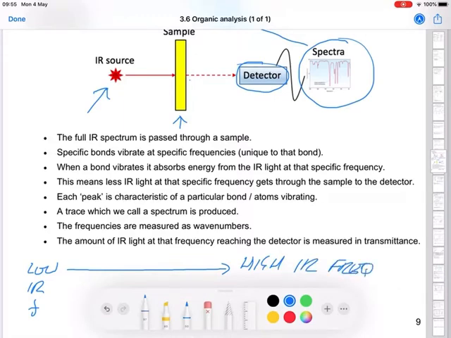Let's say, for example, that at one point, as we're turning it up, a specific bond will start to vibrate and absorb some of that infrared radiation. As we continue to turn it up, the infrared will pass through, and then again there might be another bond in that molecule that will absorb a specific frequency of infrared radiation.